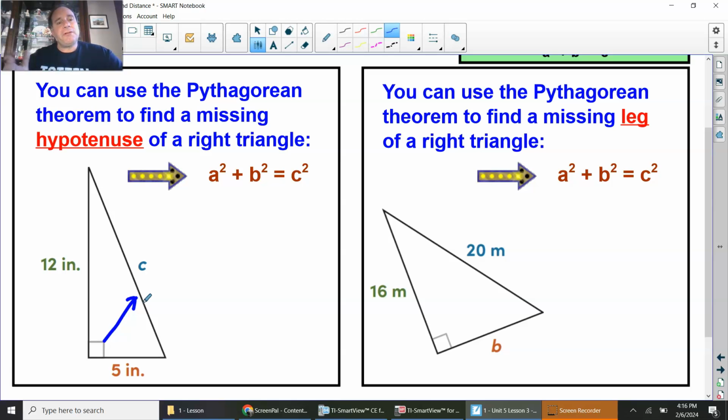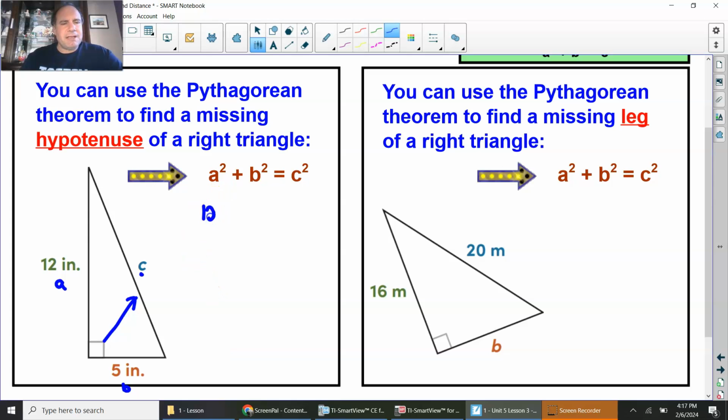As soon as you draw it, you understand that this side right here is C. When you write down the formula a squared plus b squared equals c squared, you can identify side 12 inches, this side right here, as side A, and 5 inches as side B. It does not matter which one is A and which one is B, but it does matter that C remains just C in this case because we're missing that side.